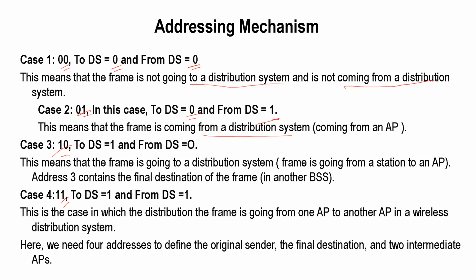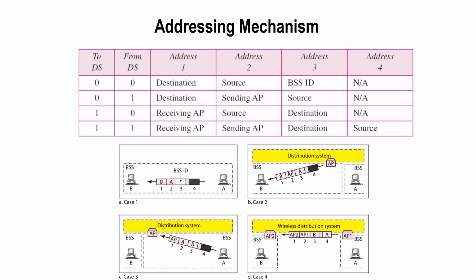but not towards a distribution system. Here, if To DS is 1 and From DS is 0, the frame is moving towards a distribution system, it is not from the distribution system. If To DS and From DS are both 1, then this particular frame is moving towards a distribution system and it is also from a distribution system.